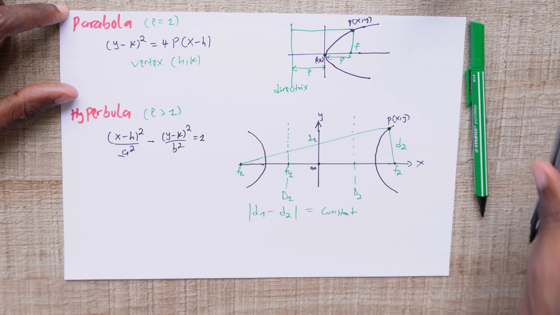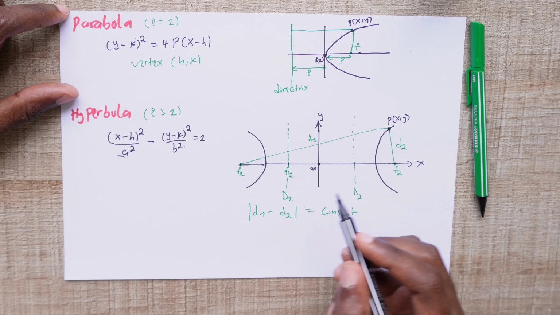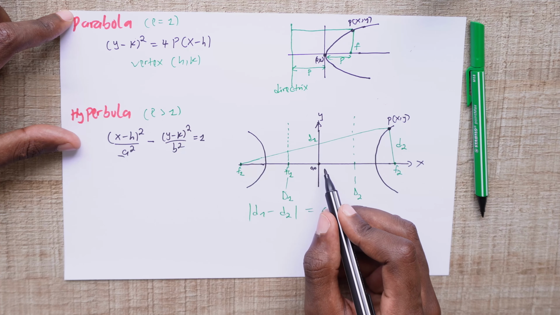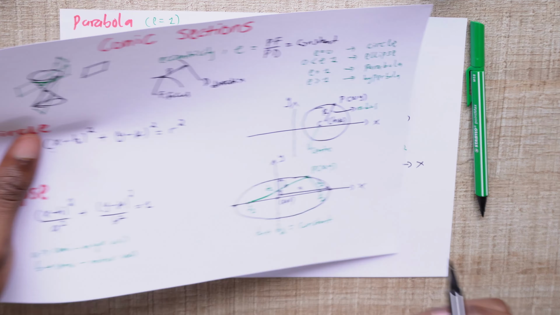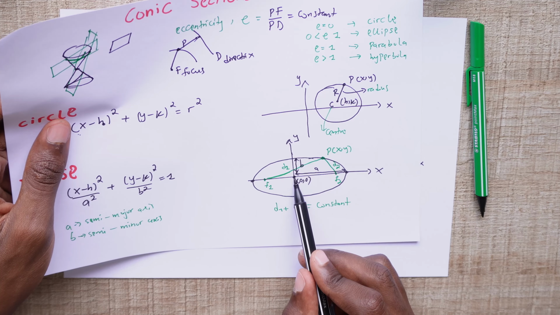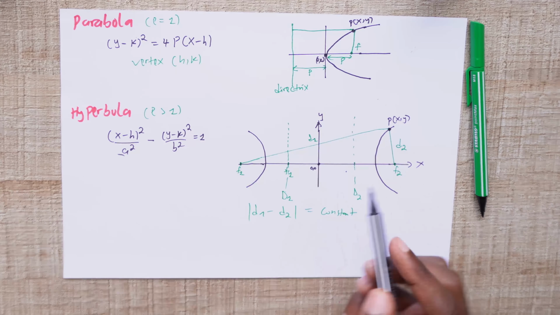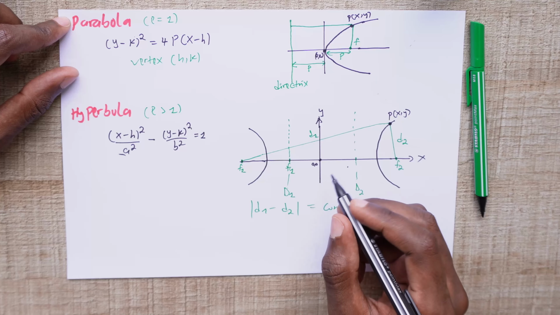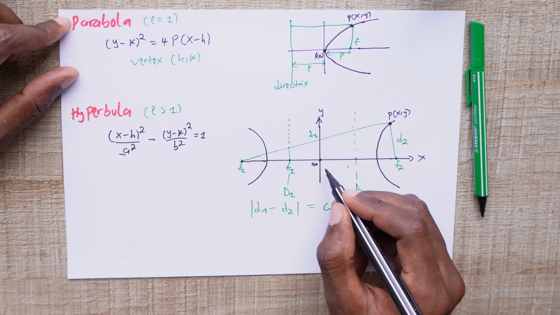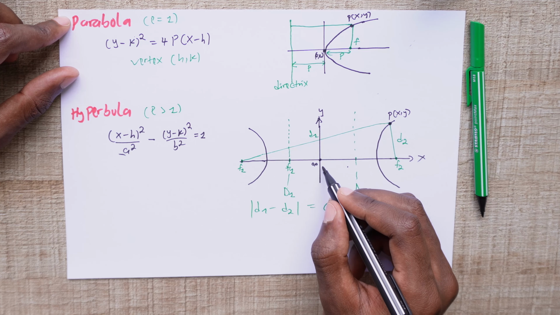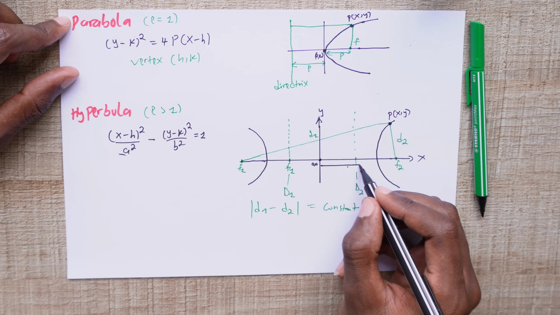So a, in this case, as you can imagine, is the distance just as with the ellipse. If you remember, a was the distance from the center to the vertex. It's the same here. a is the distance between the vertex and the center of the hyperbola.